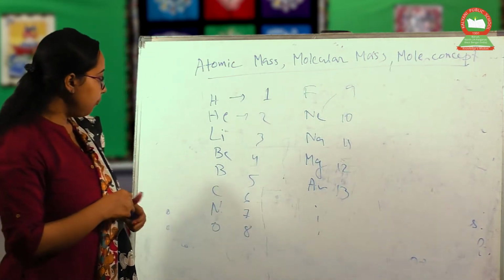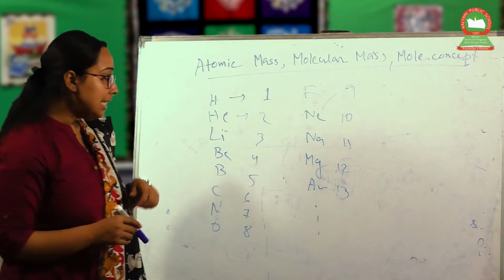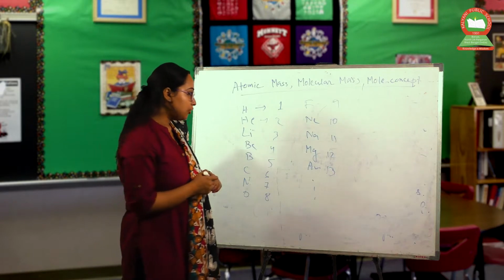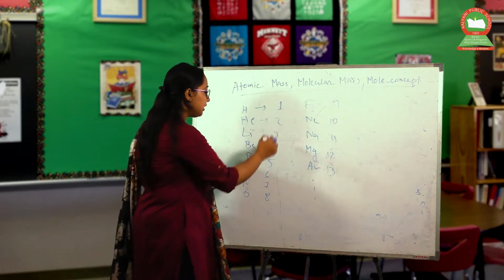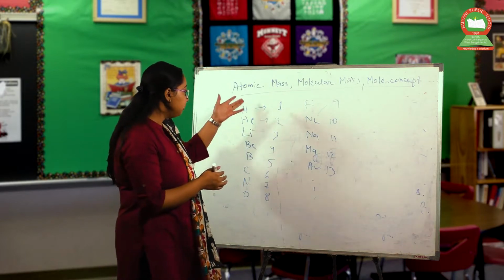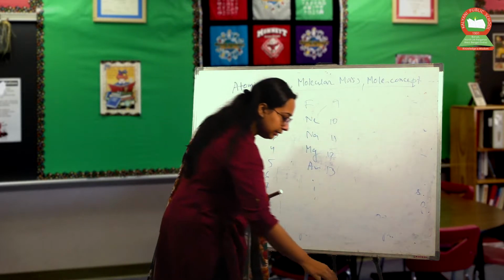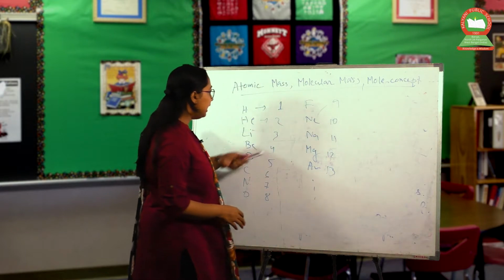My suggestion will be that you remember at least up to 20. 20 is for calcium. So, from 1 to 20 you have to keep the atomic numbers in your mind, right. So, this is the atomic masses of some of the elements.